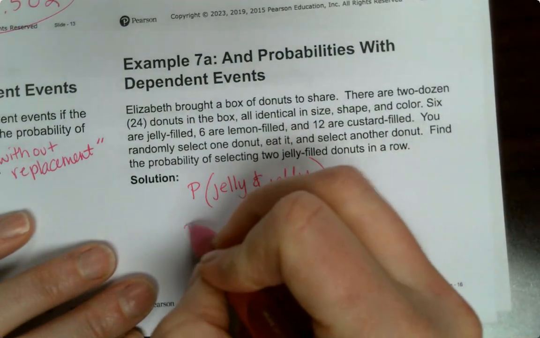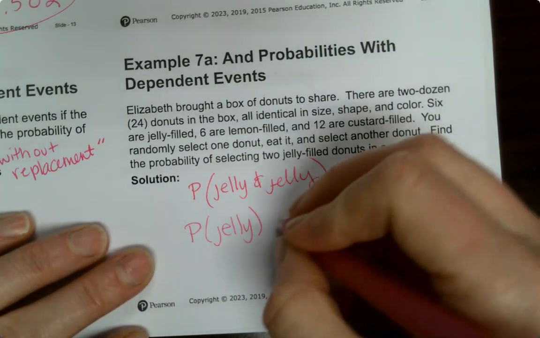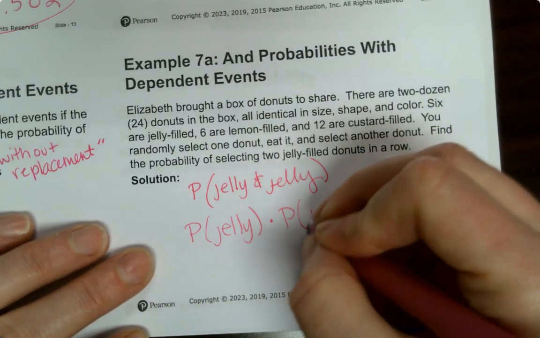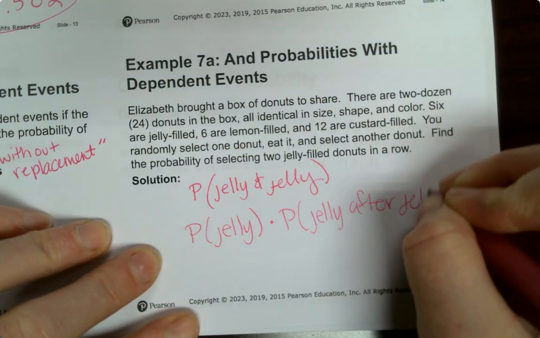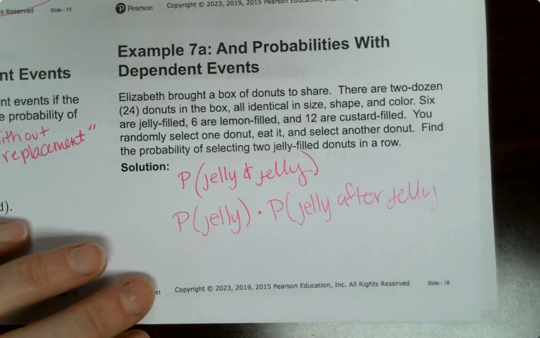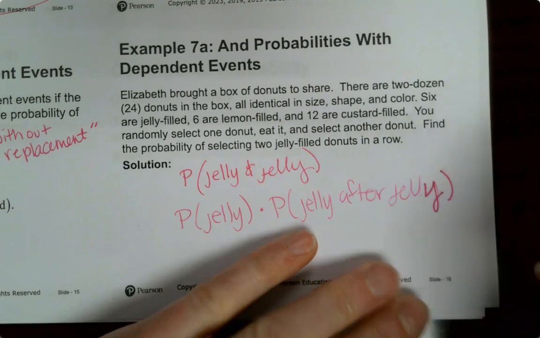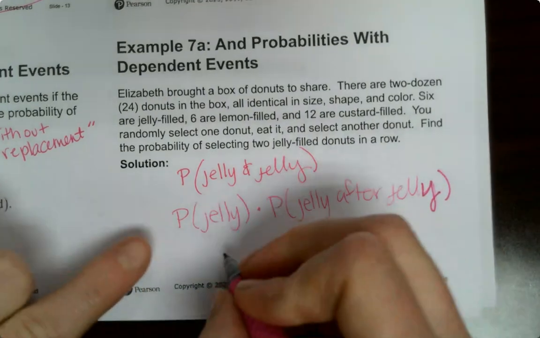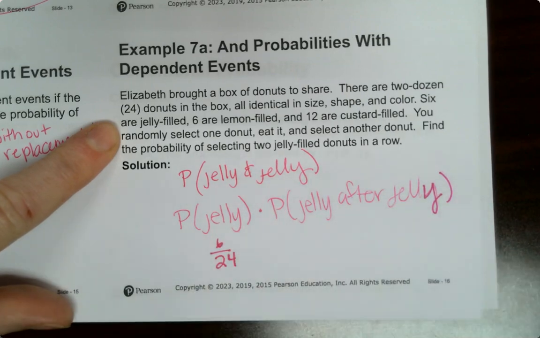So the probability of getting a jelly for the first one is going to be a different probability from getting a jelly after jelly. All right, so probably getting a jelly to begin with would be 6 out of the 24.